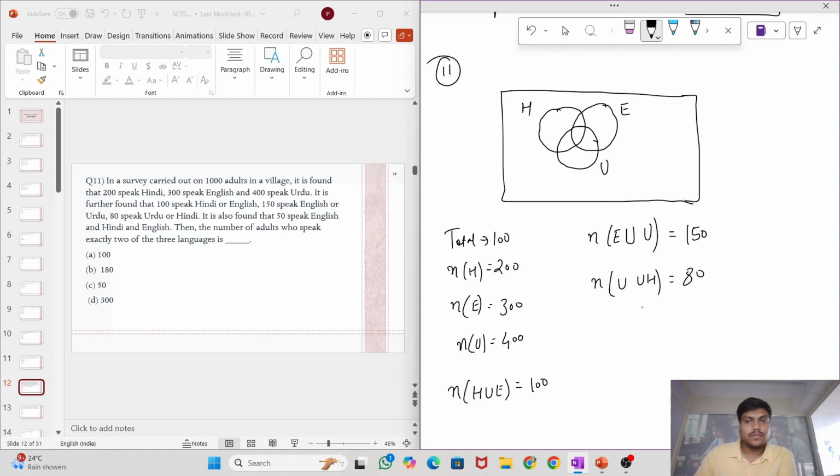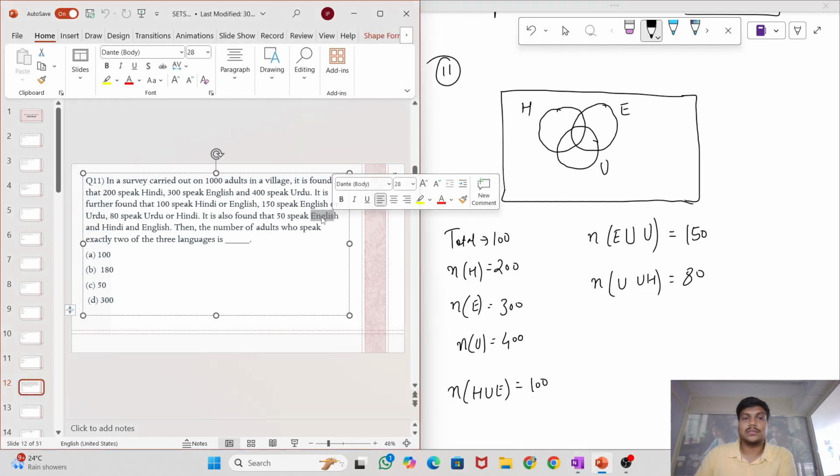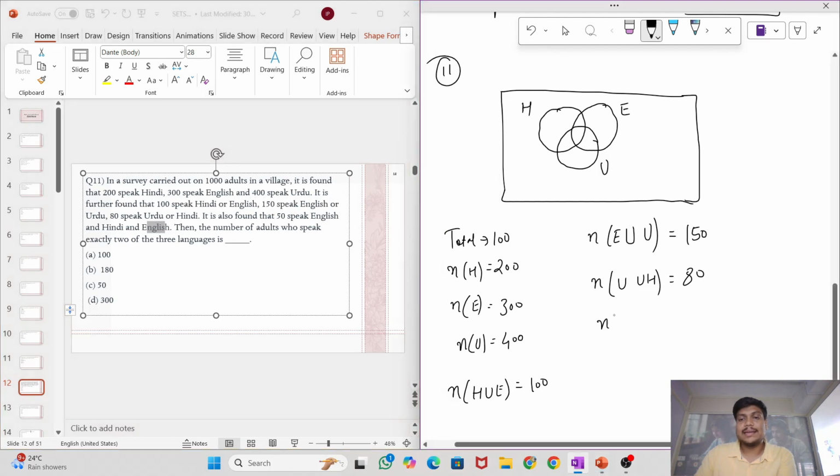And finally it is also found that the number of people who speak English, Hindi and Urdu, here it is supposed to be Urdu. I have written English twice, but it is supposed to be Urdu. English, Hindi and Urdu. When I say and, it is intersection. It is 50. You are supposed to find the number of adults who speak exactly 2 out of 3.